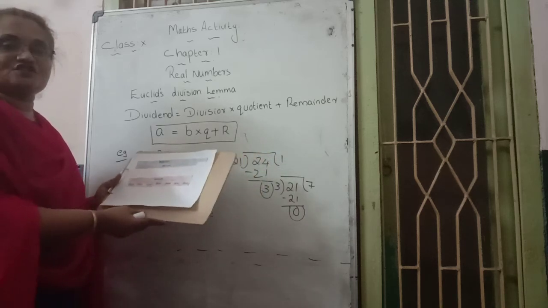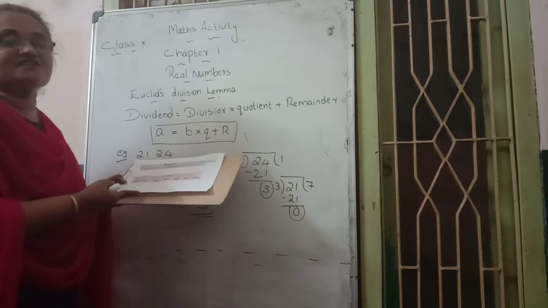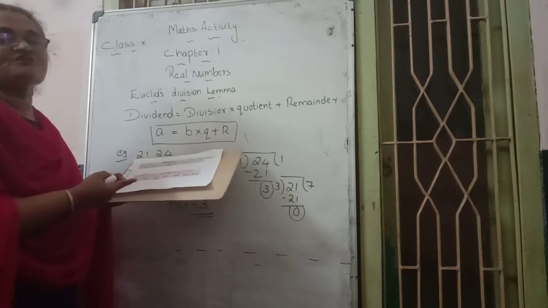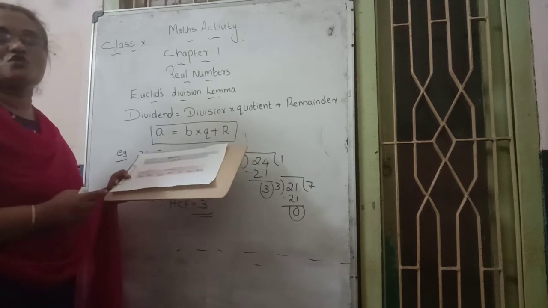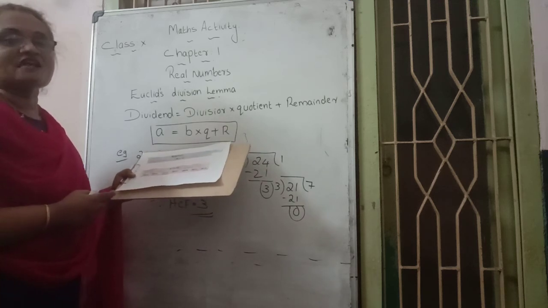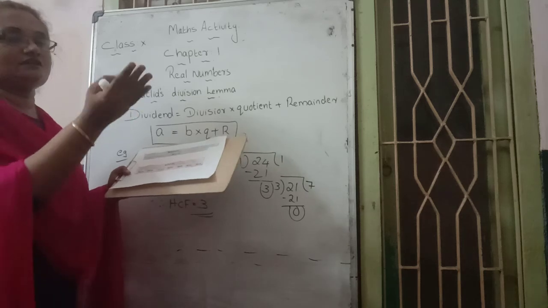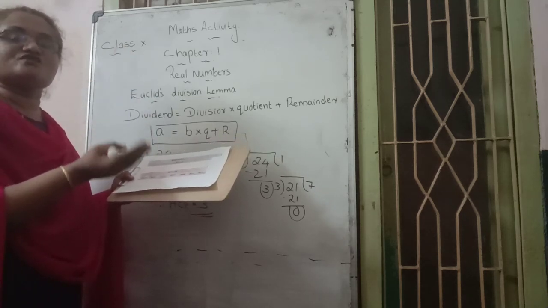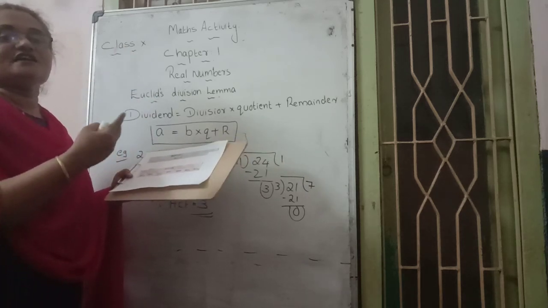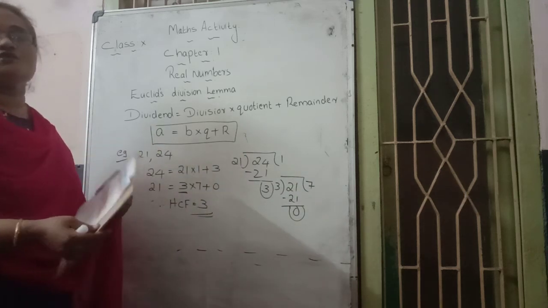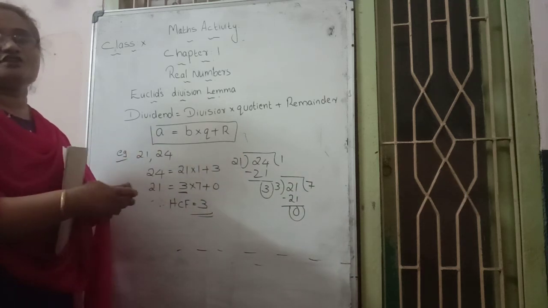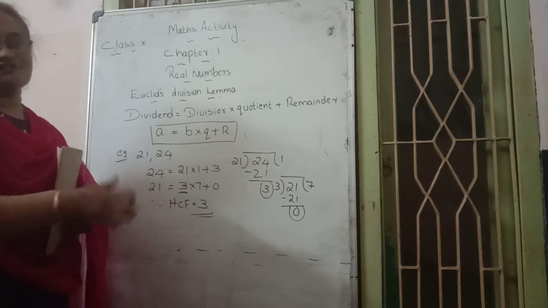When doing this activity, remember that up to 25 centimeter is enough because the paper is not sufficient. You can use different values and find the HCF in this way while performing your activity. So thank you.